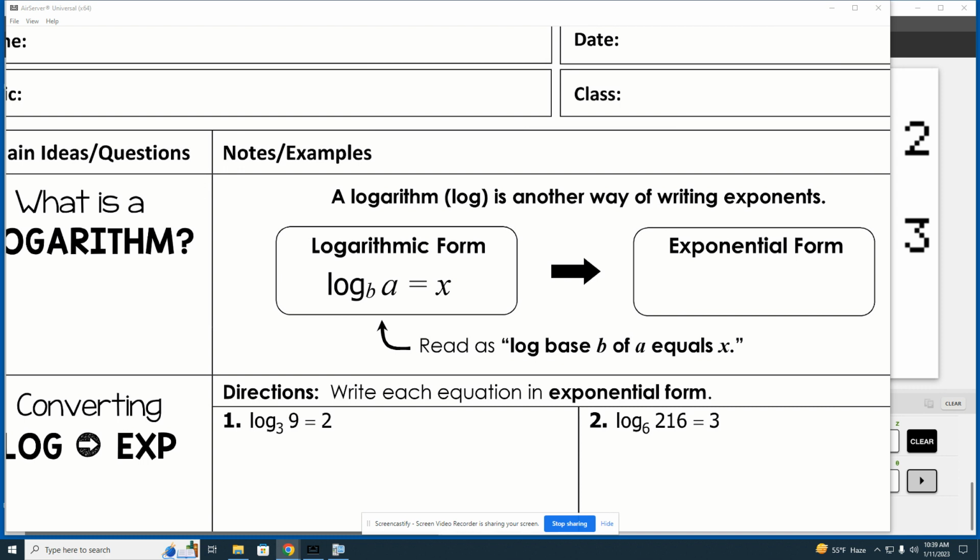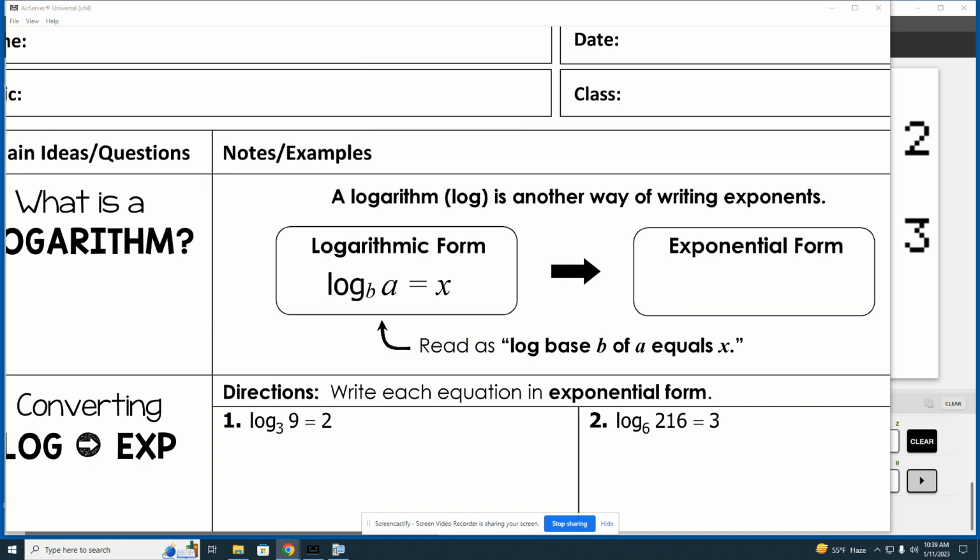What we're talking about today, they are inverses of one another. There's a connection between the two that you have to be familiar with. We're talking about logarithms today, and logarithms are just another way of writing an exponent.